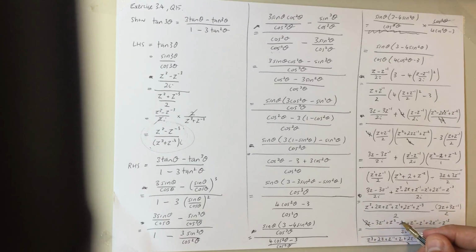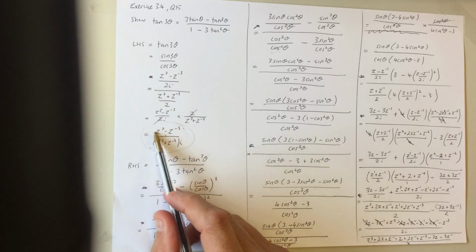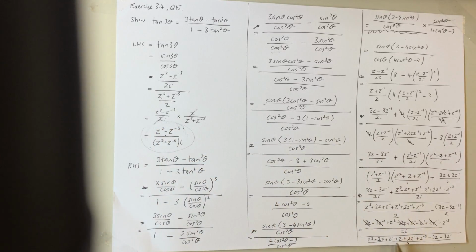So 3z, subtract 2z, subtract 1z, or z to the power of 1 is just 1z. So that cancels out. And then we've got our negative 1, subtraction of 3z to the power of negative 1, plus one of them, plus another 2 of them. Excellent. That all cancels out. And then you've got z to the power of 3, subtract z to the power of negative 3. Woohoo! Okay, all over 2i.